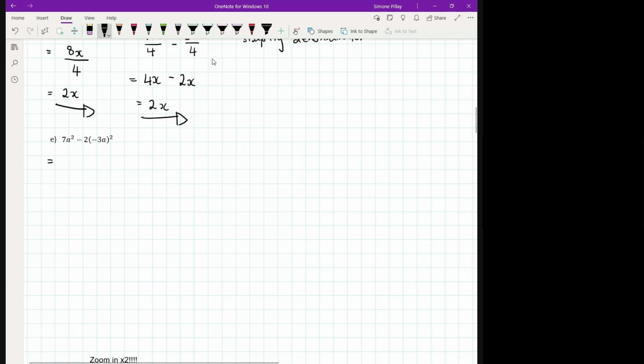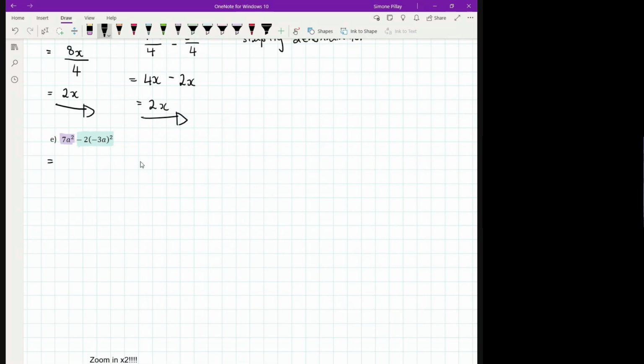Okay, so there's two terms. Rory-san, can you tell me which are the two terms? What's part of one term? Ma'am, 7a to the power 2 is one. Good job. And since the brackets are invisible, 2 minus 3a is a whole term. Good job.